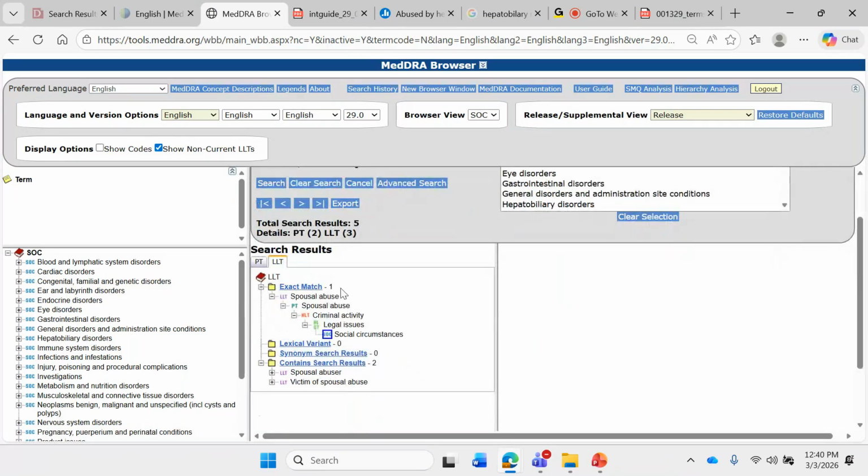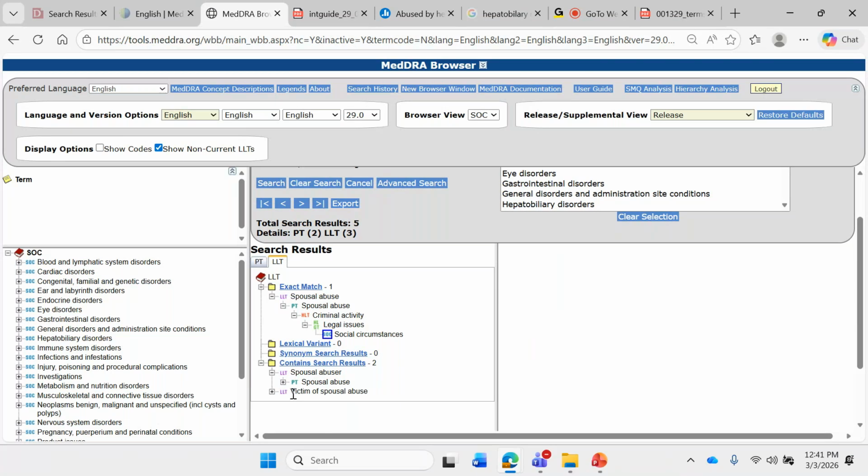So when you choose this term, it means you are the perpetrator of the abuse. That person is doing the abuse. He is the abuser, right? Spousal abuser also goes to the same PT, spousal abuse. So spousal abuse, spousal abuser means they are the people doing the crime.